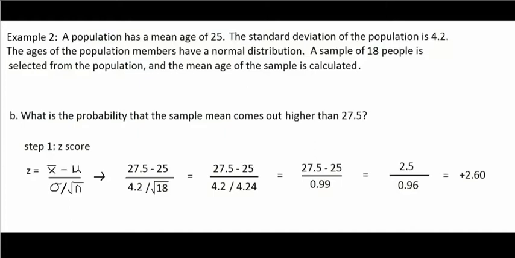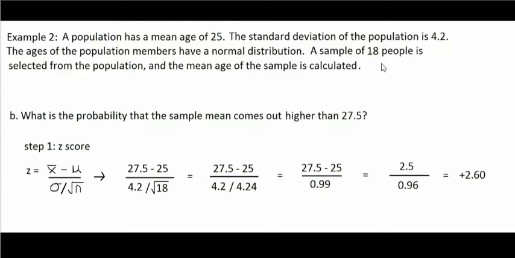So just like before, we plug in our information. The sample mean of 27.5 that we're focusing on goes into x̄. This is what we're turning into a z-score. We're turning 27.5 into a z-score. The population mean is provided, 25. Standard deviation, 4.2, that's provided.